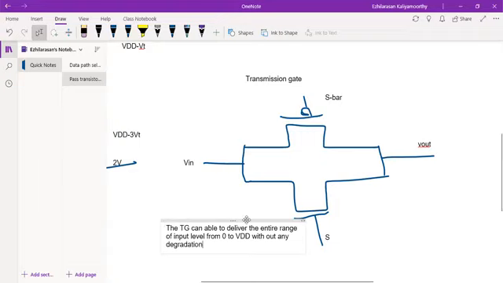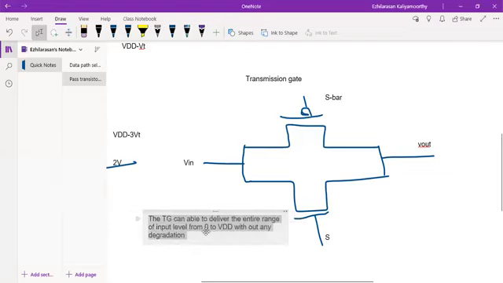This is very, very important. This is a very important advantage of your transmission gate.